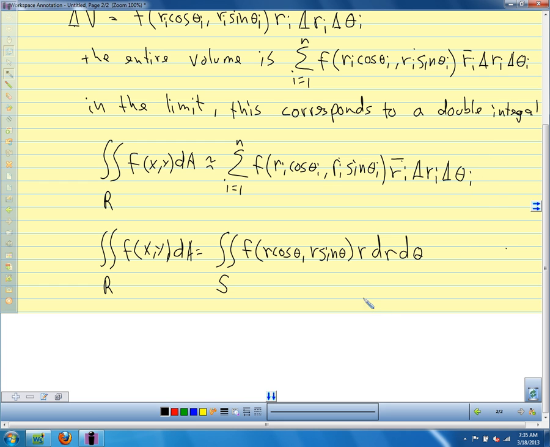So in polar coordinates, is this r or is it average of r? Well, when we take the limit, when we let the delta A get smaller and smaller and smaller, r is just the radius of that tiny little polar rectangle.